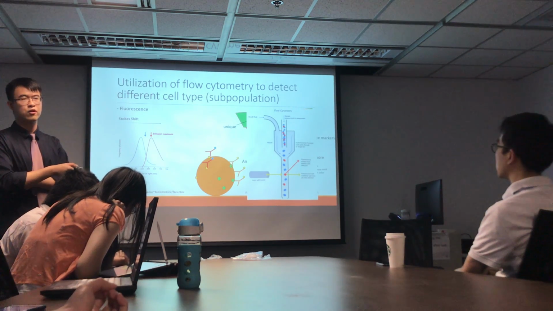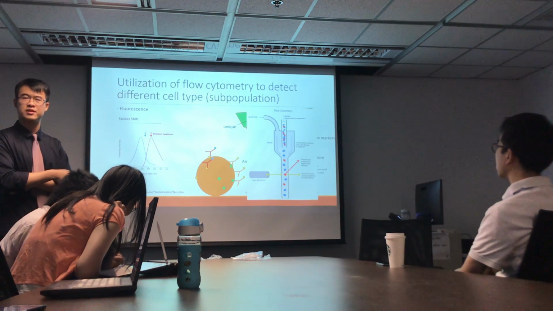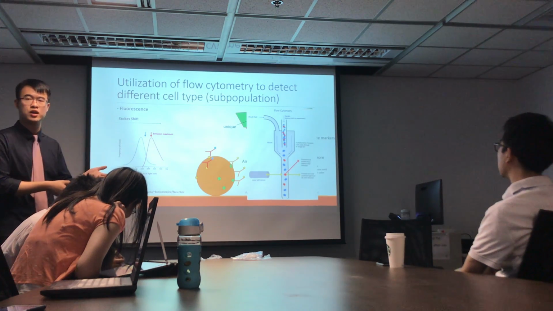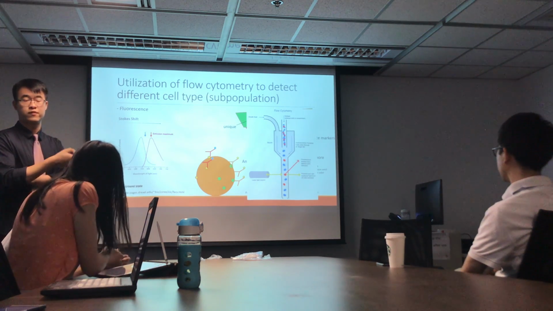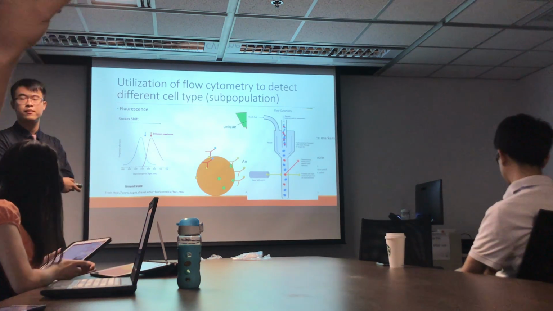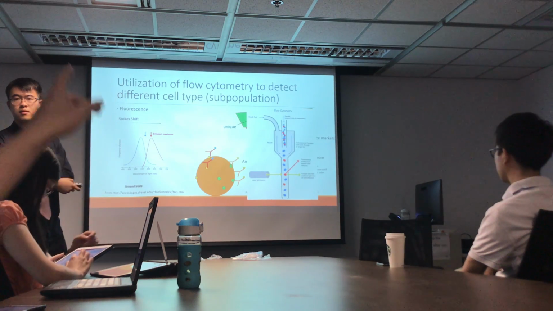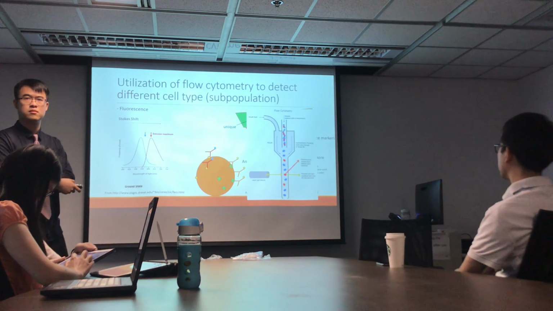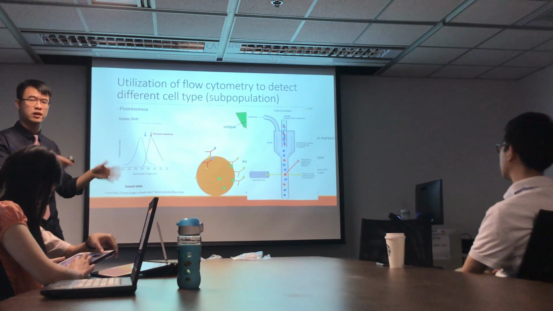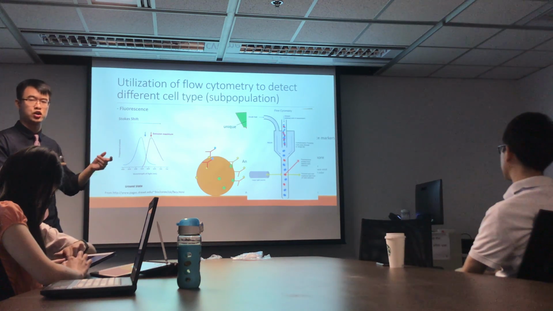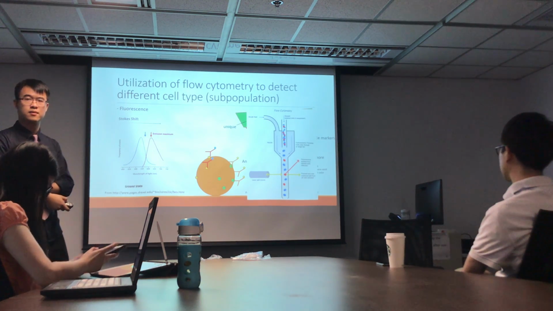I think the method mentioned just now might be able to sort a cell by giving it a charge after detecting, for example, green fluorescent protein, where the light source is in the cell, not on the surface. I think, yeah, as long as you can detect it, you should be able to sort it according to the electric charged plates.